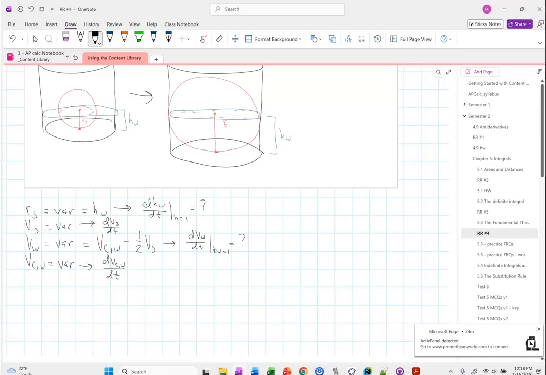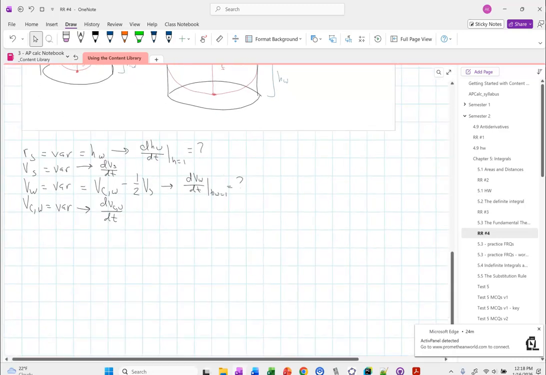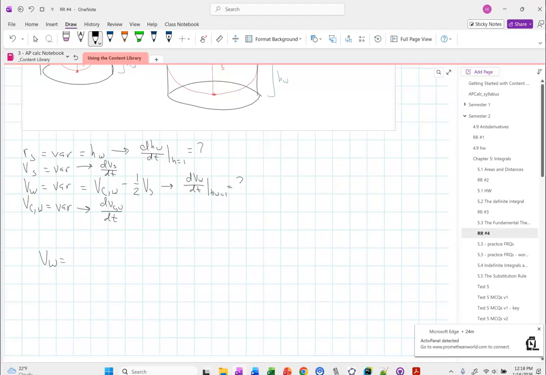So the thing that's changing is the volume of the water. So that's going to be the volume of the cylinder of water minus the volume of the sphere, right?